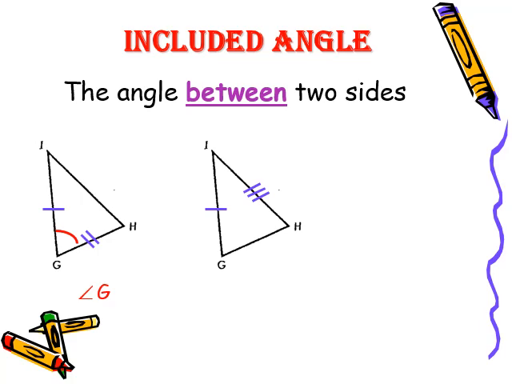I have 2 sides, JH and JG. The angle included between the 2 sides is angle G.